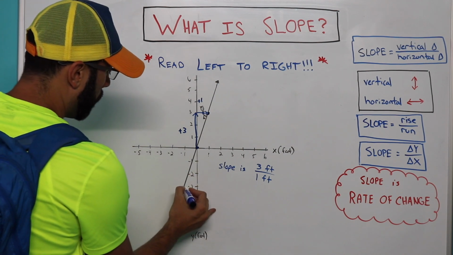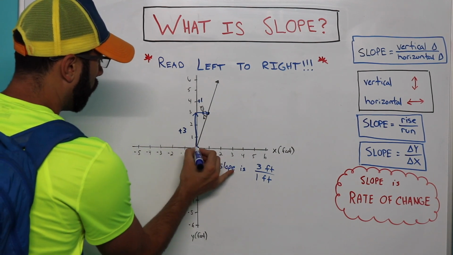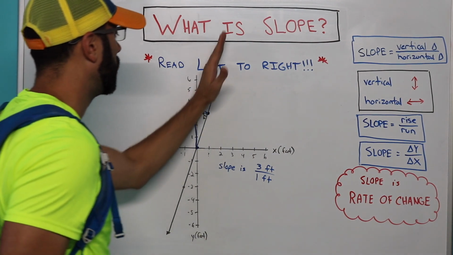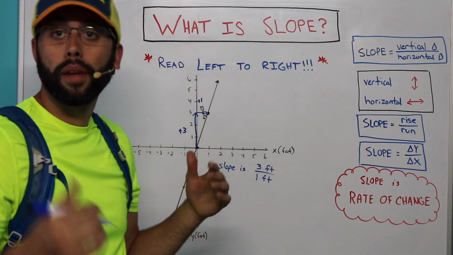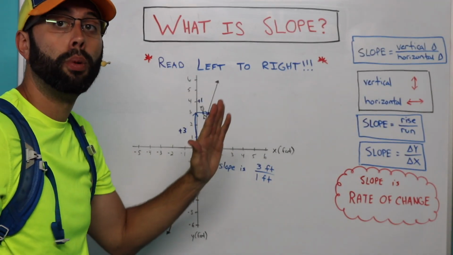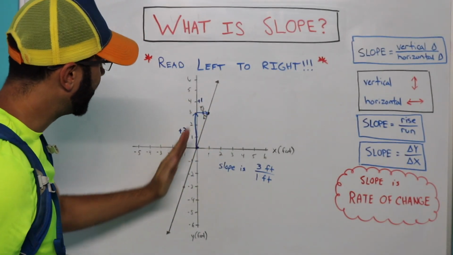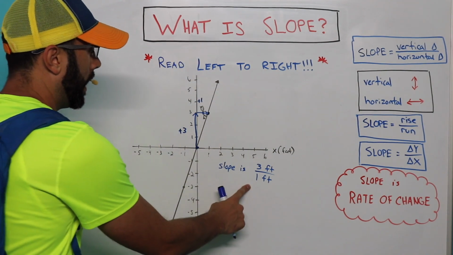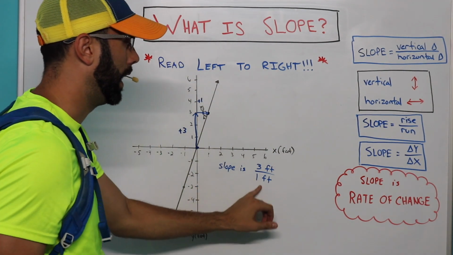And you can see, even if I pick 2 points here, I'd be up 3 over 1, up 3 over 1, up 3 over 1, because it was constant right there. So in real life, when I was on that mountain, just at that specific steepest point, if it was on that steady constant incline, it would be that slope right there. So that was my rate of change right there.